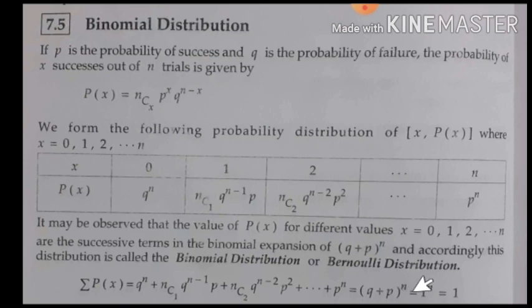So this bracket term will simplify to 1, so 1 to the power of n is 1. Any probability function satisfies the condition summation of p of x is equal to 1, and all p of x terms are positive; such probability functions are called probability distribution functions. So here this probability distribution function is in binomial form. It is called the binomial distribution.